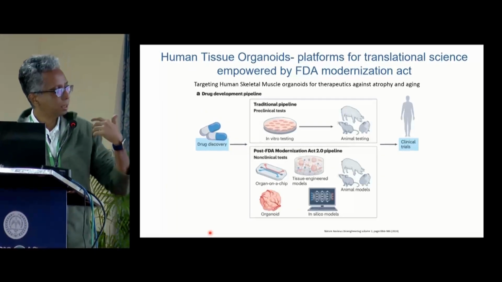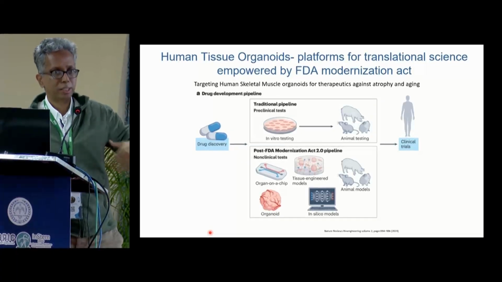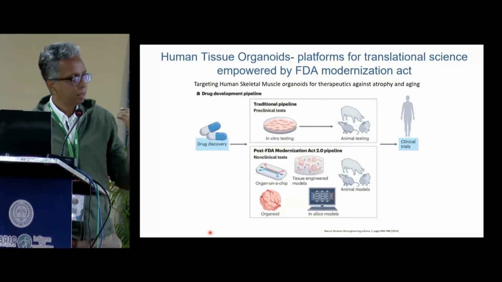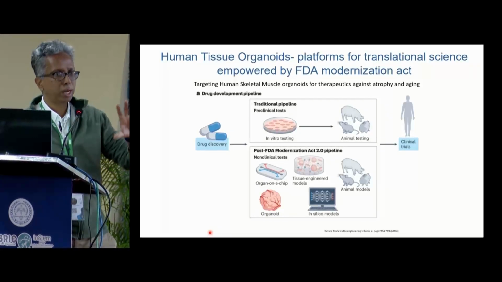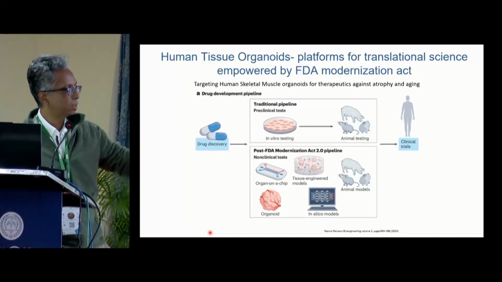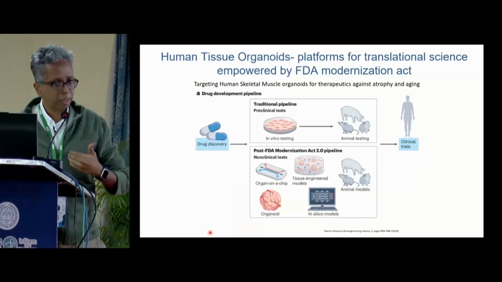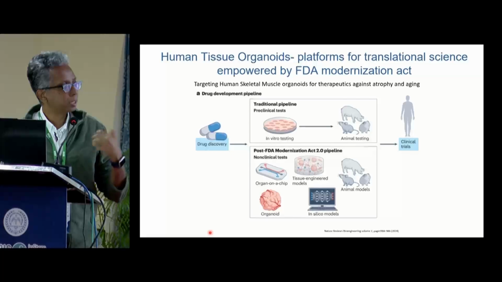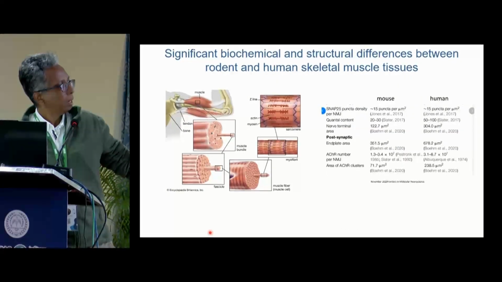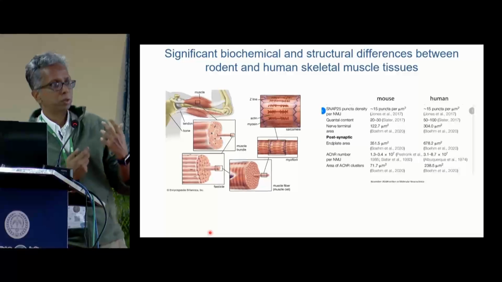So I think along with AI and other kinds of virtual testing of drug efficacies, the field is rapidly moving into looking at alternative non-animal models for looking at drugs and disease efficacy. So that also prepares the landscape for looking at multiple organoids, and my lab, of course, focuses a lot on skeletal muscle.